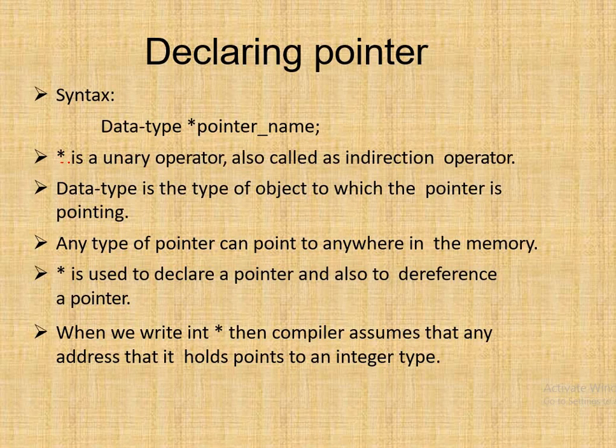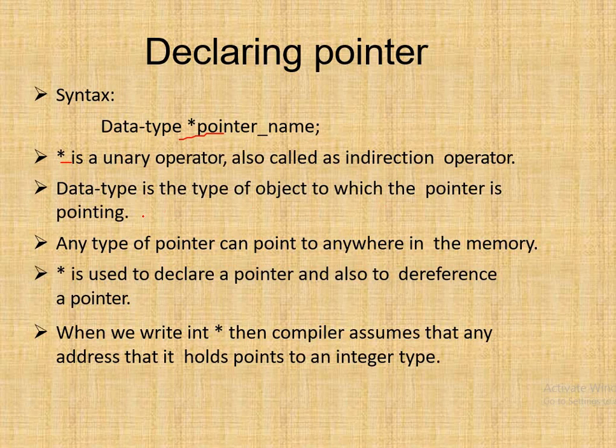Asterisk is a unary operator, also called the indirection operator, used to declare a pointer variable. The data type is the type of object to which the pointer is pointing.